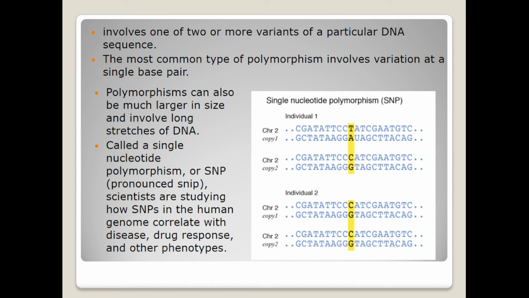And you can see here polymorphism has differences; every chromosome has a different situation. For example, the second individual in his chromosome 2, copy 1 and copy 2, has the same polymorphism and is homozygous, but previously individual one is heterozygous.